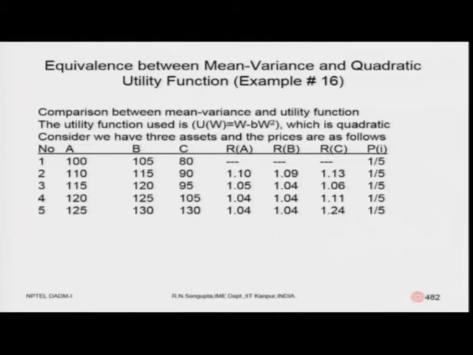Based on that, we are trying to show this without going to the theoretical proofs, with a simple example. This is example number 16. In the first column we consider the number of the investment, and in the second, third and fourth columns we consider the prices of 3 assets, A, B, C. The price of A changes from 100, 110, 115, 120, 125, in the second column.